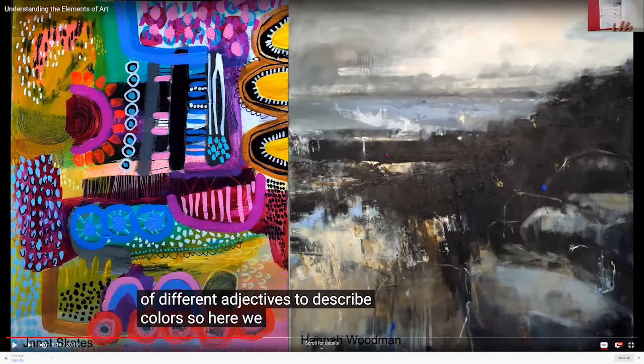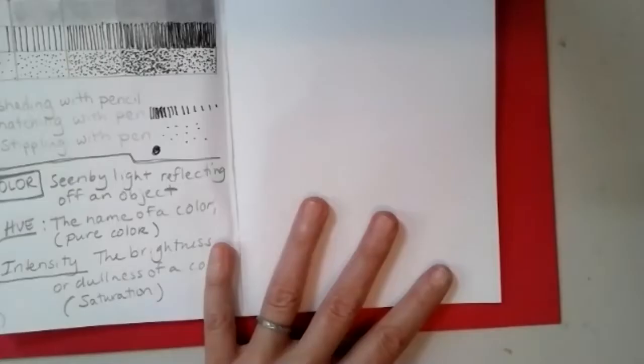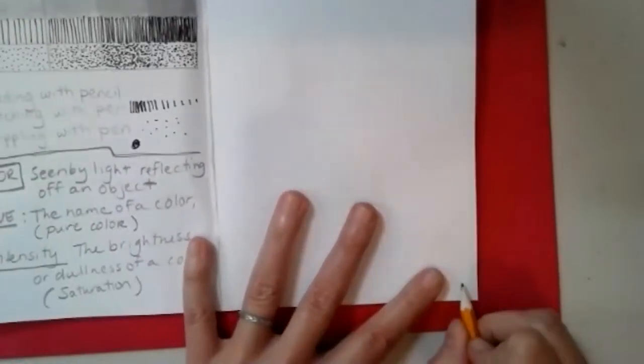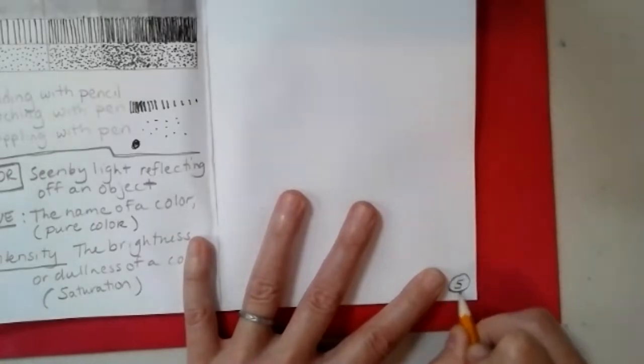So on the next page, page 5, I am going to stop sharing for a second. Page 5, go ahead and label it. Okay.